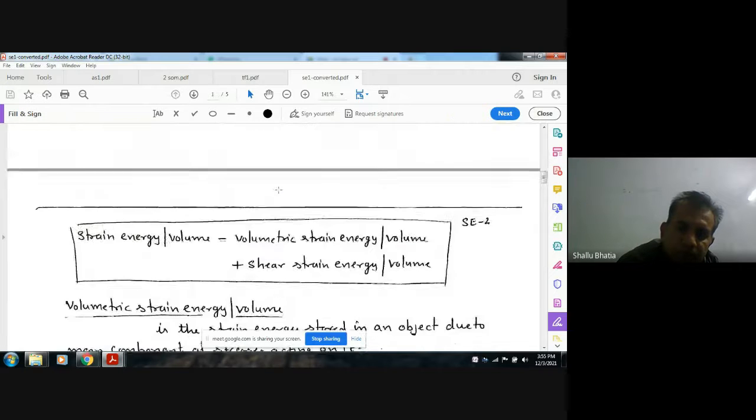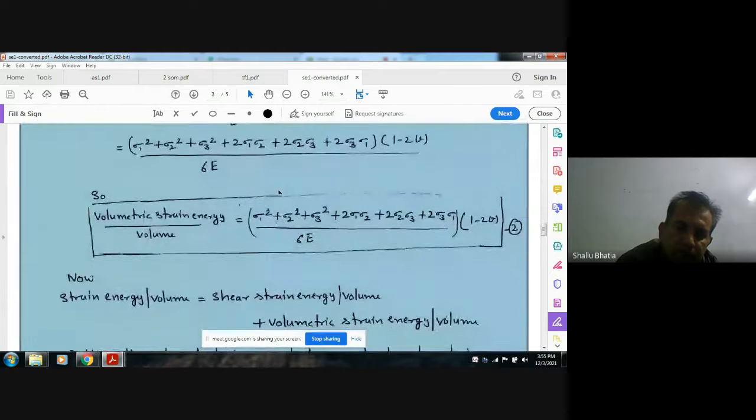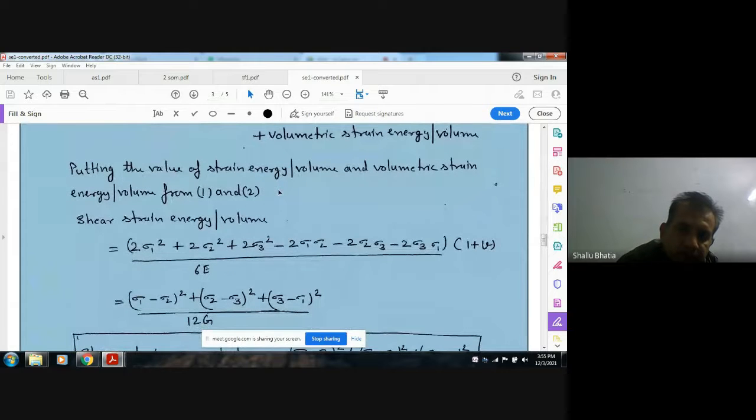Okay, if we subtract these two, we can find out shear strain energy per unit volume.